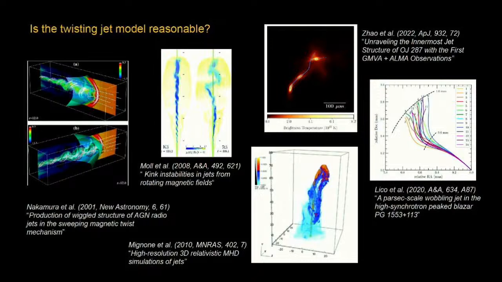We can wonder whether this twisting jet model is reasonable, and of course the answer is yes. On the theoretical side, we have many results coming from magnetohydrodynamics numerical simulations, which show that inside the jet, instabilities can develop, which bend and twist the jet.